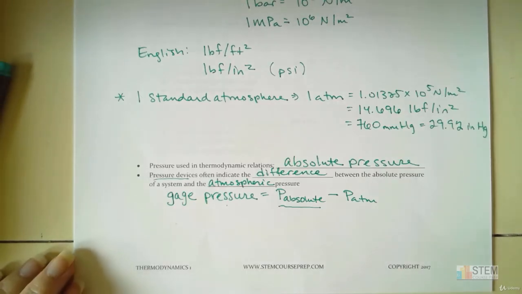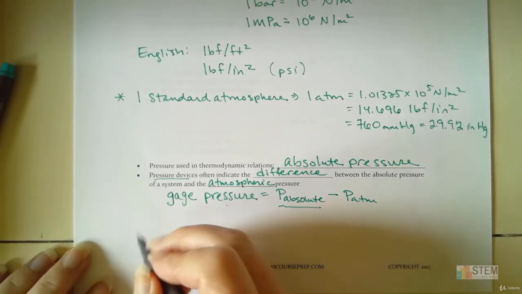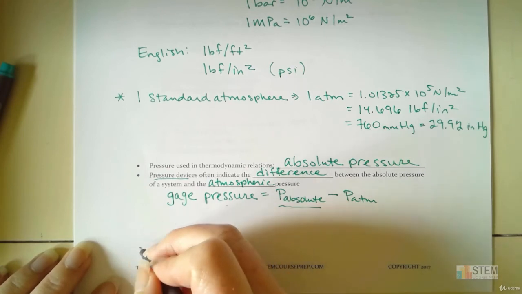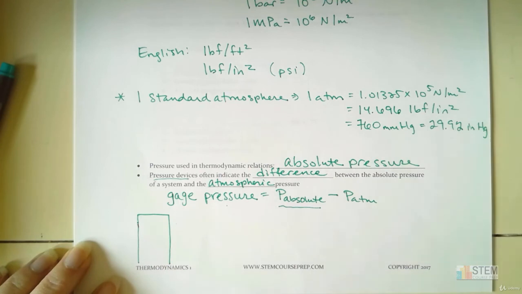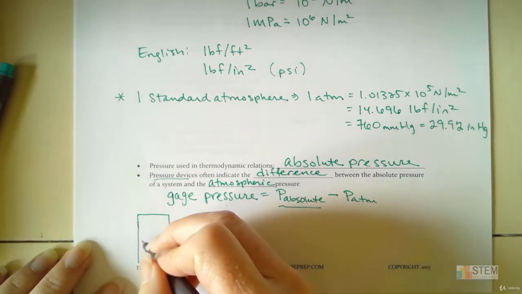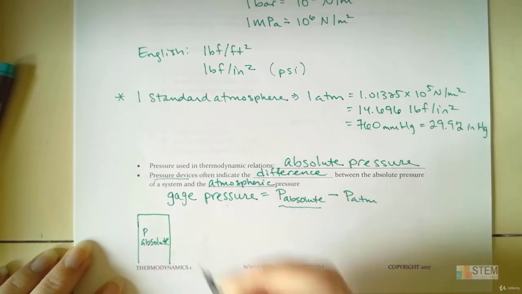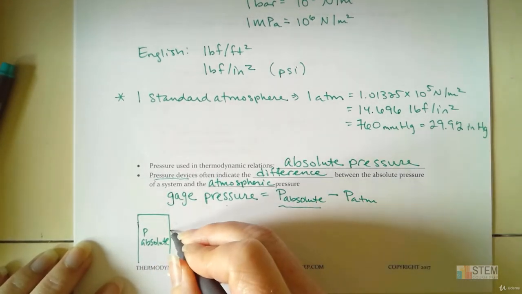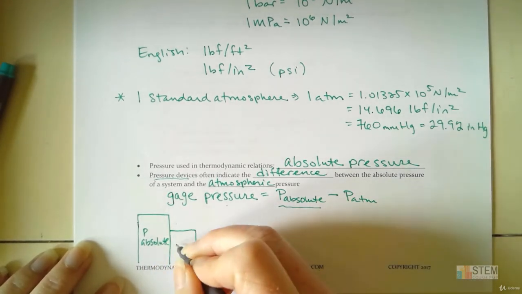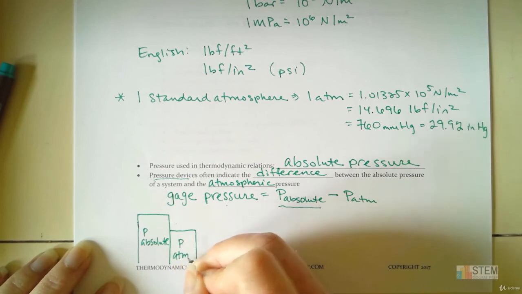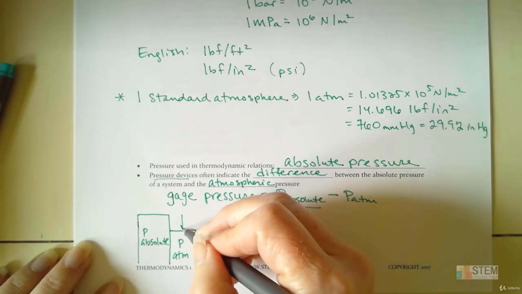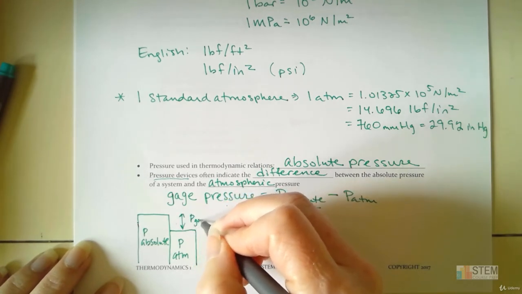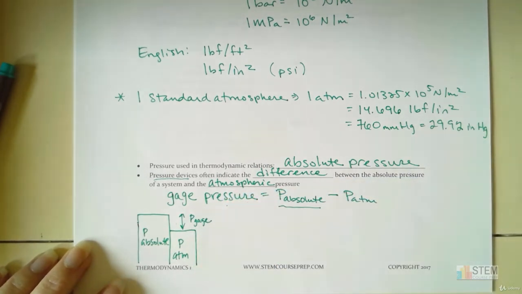Now let's draw out a picture that represents what's going on there. So let's just do a bar graph. All right, so this one here is going to represent the absolute pressure. Okay, so there's absolute pressure. Below that, let's put one here. This is going to represent the pressure of the atmosphere. Okay. Now this difference right here, that is your gauge pressure. Okay.